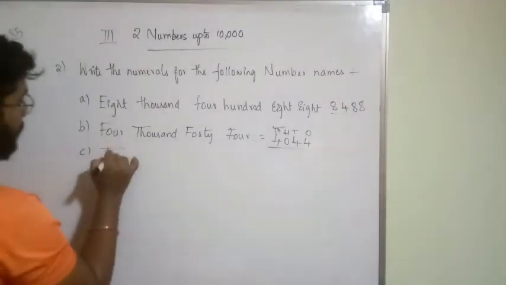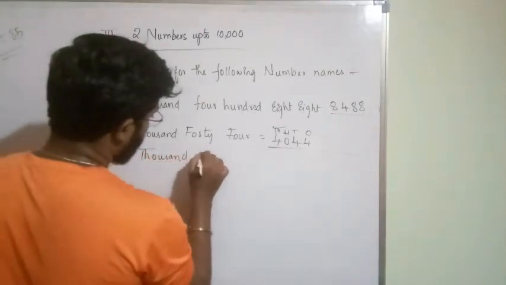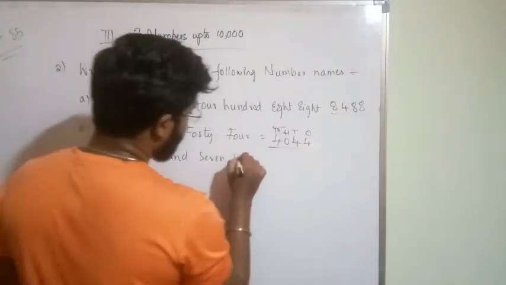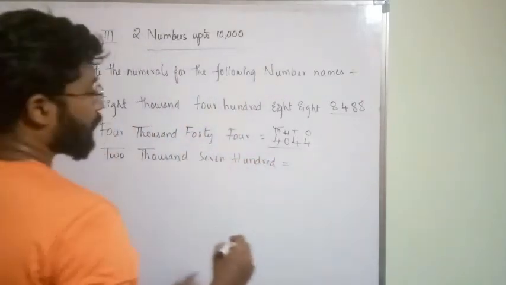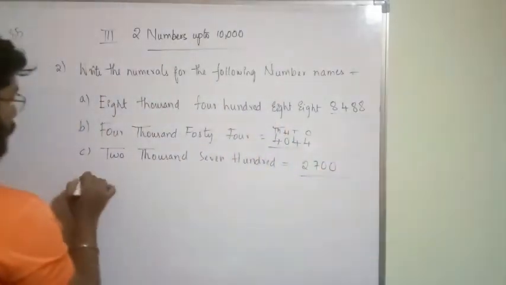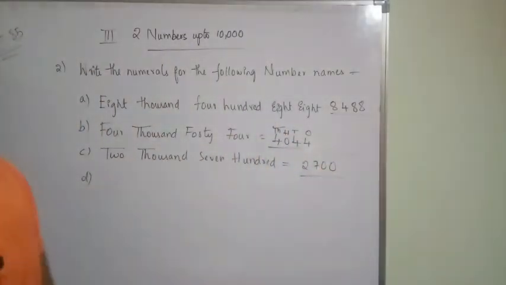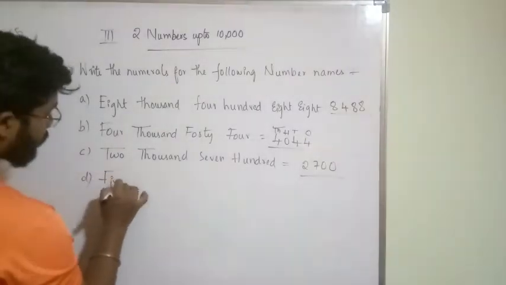5000. Only 5000, that's all. 5 is in the thousands place, remaining all are 0. A, B, C, D, E. It is E. 9832.